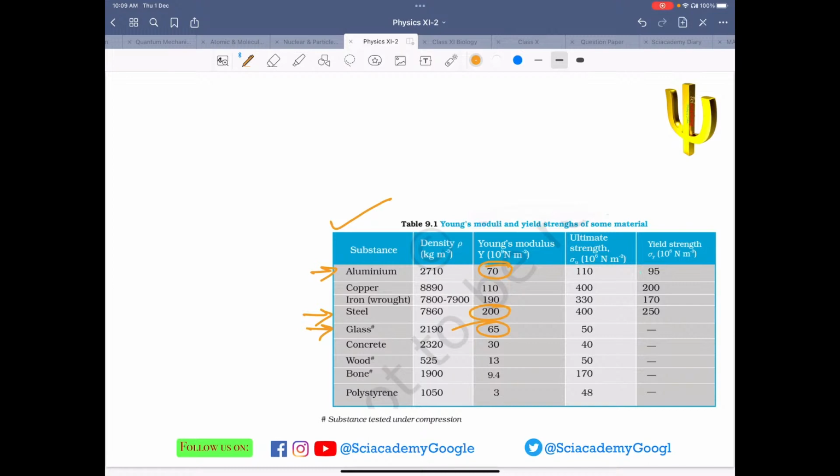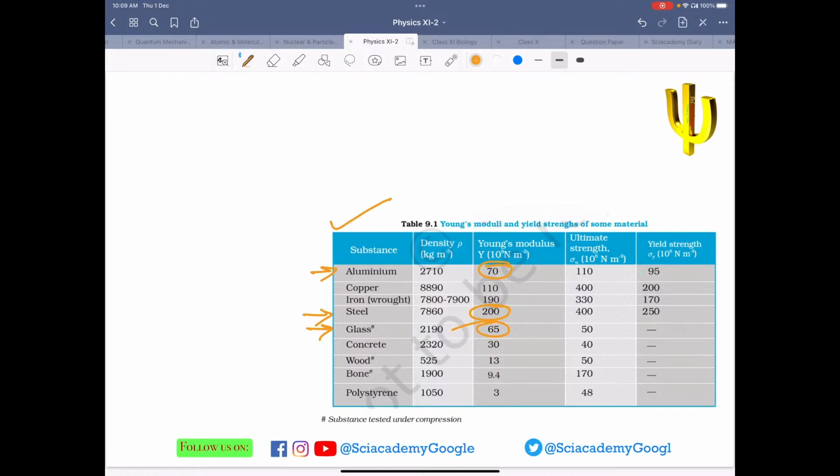If you are given a steel ball and a rubber ball, and you are asked which one is more elastic, generally students tell that the rubber ball is more elastic. It is not like that.